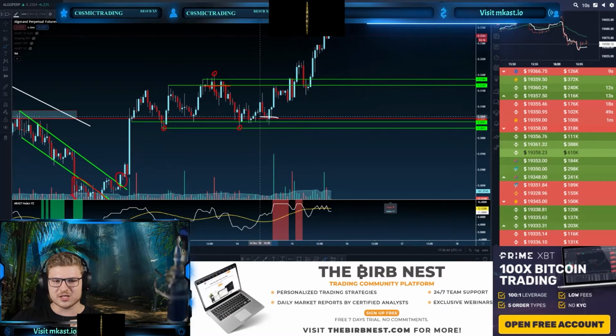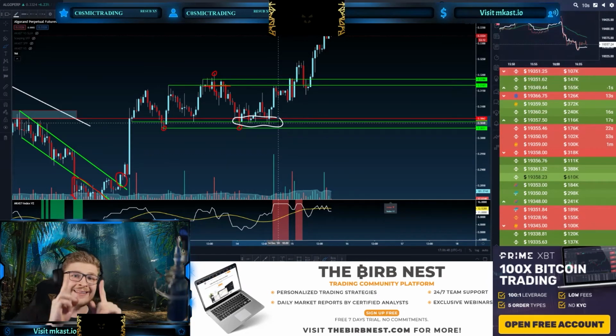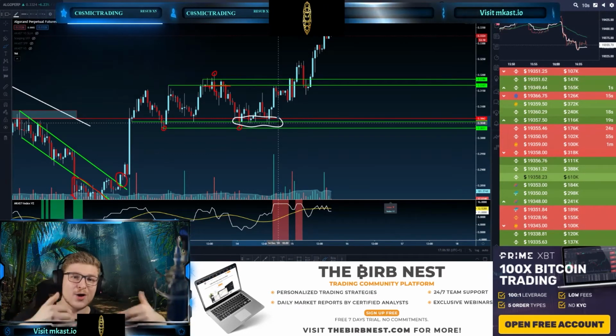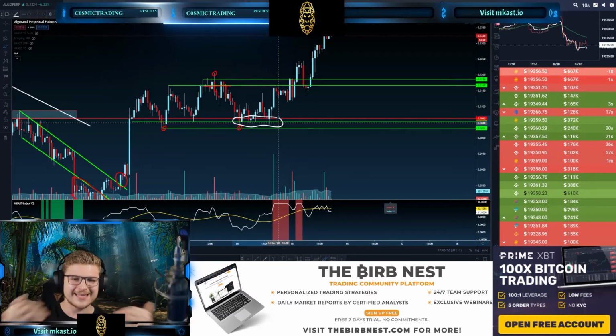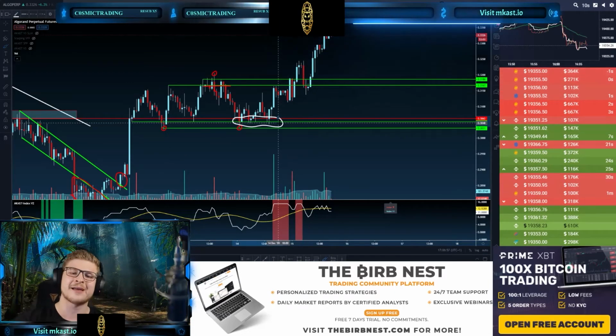Whenever you have such a flat support at a range low, and as we are at the moment in a bull market, this is one of the best opportunities you can have.